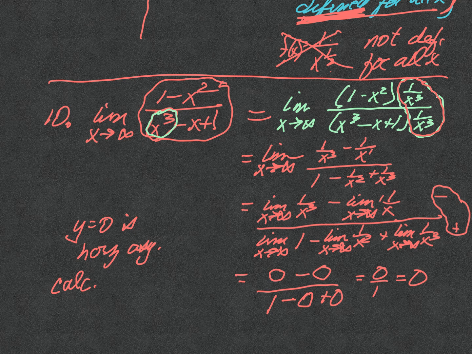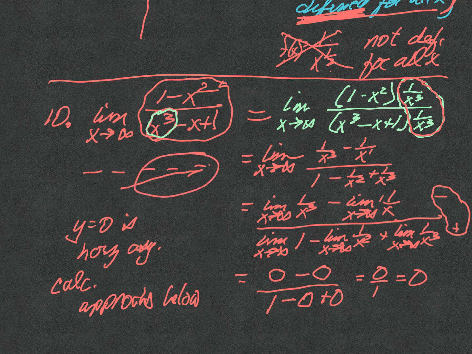So it's a horizontal asymptote, but it approaches from below. So if I have the horizontal asymptote, as I'm going to positive infinity, I'm approaching from the bottom. And that's how you interpret it with the graph. Now, you can just do this with a calculator.